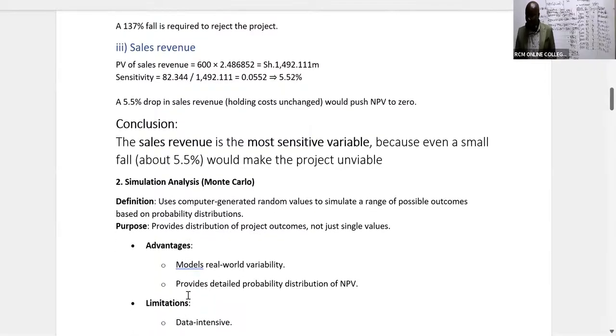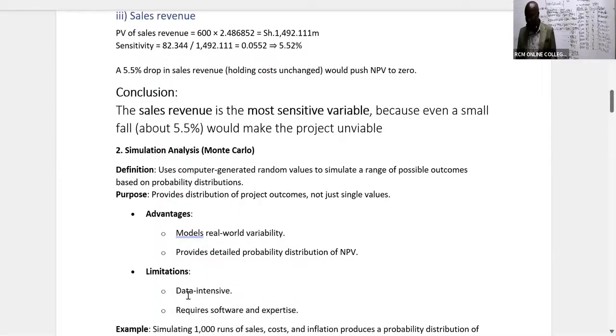It models real world variability, provides detailed probability distributions of net present value, many NPVs, many scenarios. Limitations: it is data intensive. I'm sure you have hated the method, not because it's hard, but because it's very involving. It requires software and expertise. That's another limitation.